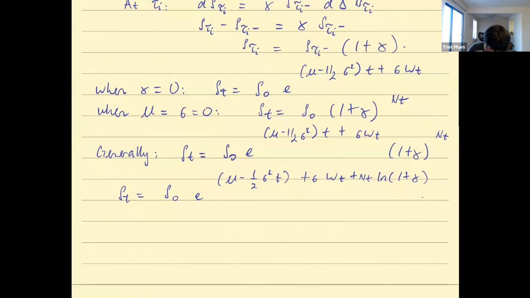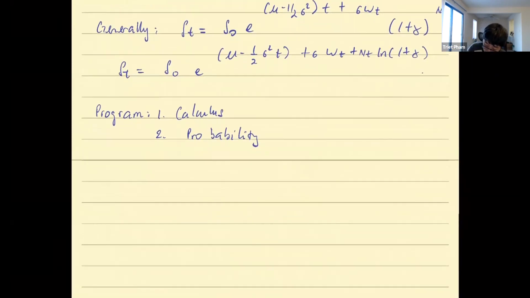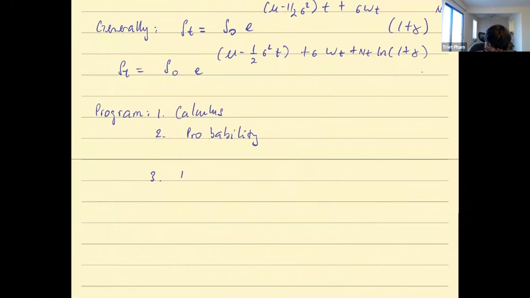So you see the program: first is to understand the calculus, what that is, how it moves in time. The second is the probability, how it moves in terms of distribution. Then the martingale structure.